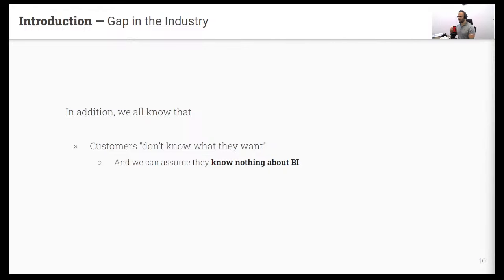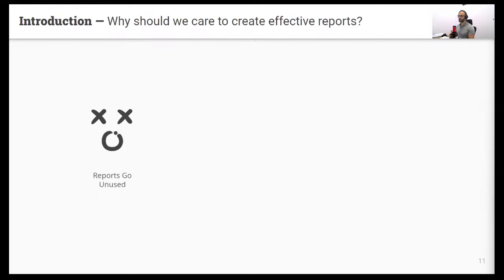When we end up in a situation where the developer doesn't have the proper theoretical background in creating effective reports, and the customer has some type of standardized way to work with tables, or they have been taught this way from the beginning and they refuse to accept change, then we often end up with the reports going unused.